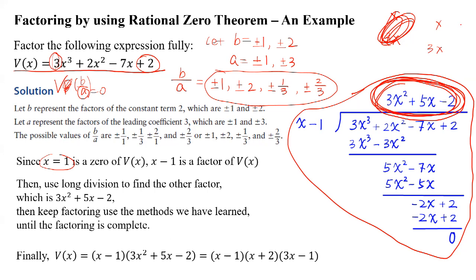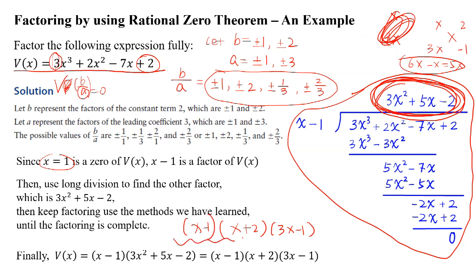So minus 2 can be factored into 2 and minus 1, right? And then 6x minus x is 5x. Yes, this can be factored to x plus 2 and then 3x minus 1 and x minus 1, right? So the original polynomial can be factored into this expression.